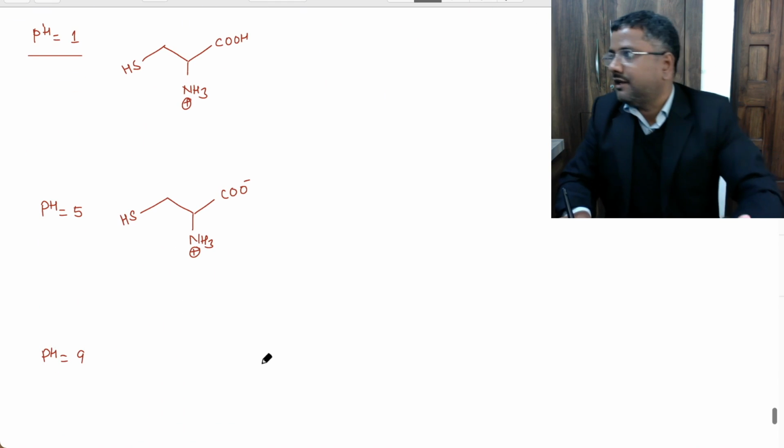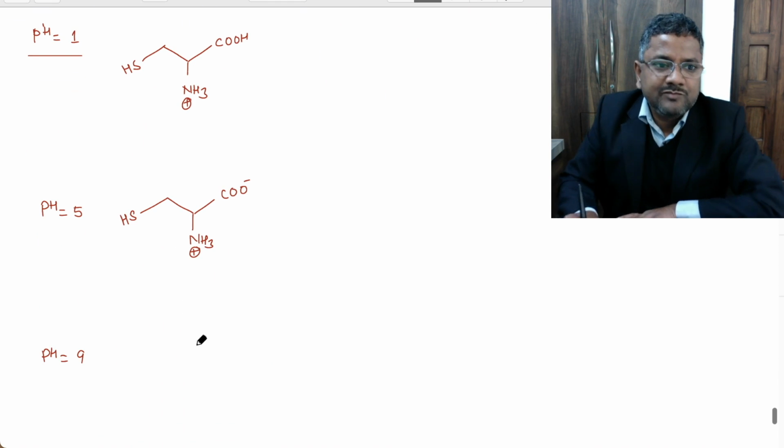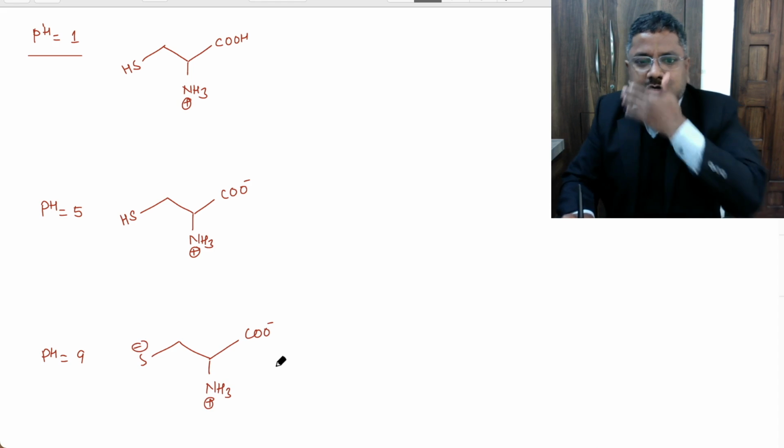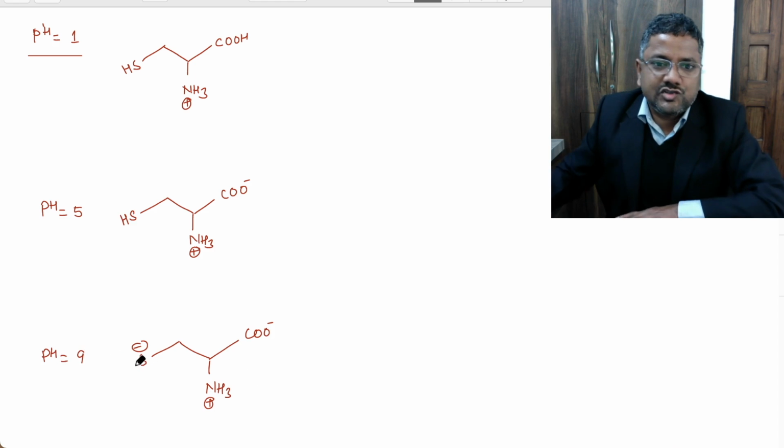By adding NaOH, meaning base. So at pH 9 this proton will go. We cannot say that 100% will go, but the major component is the S minus. This is the major structure at this pH.